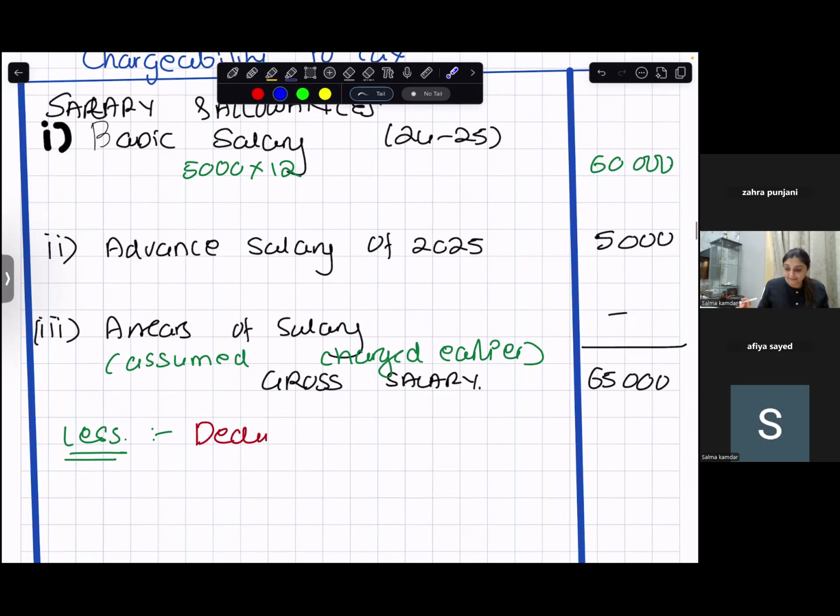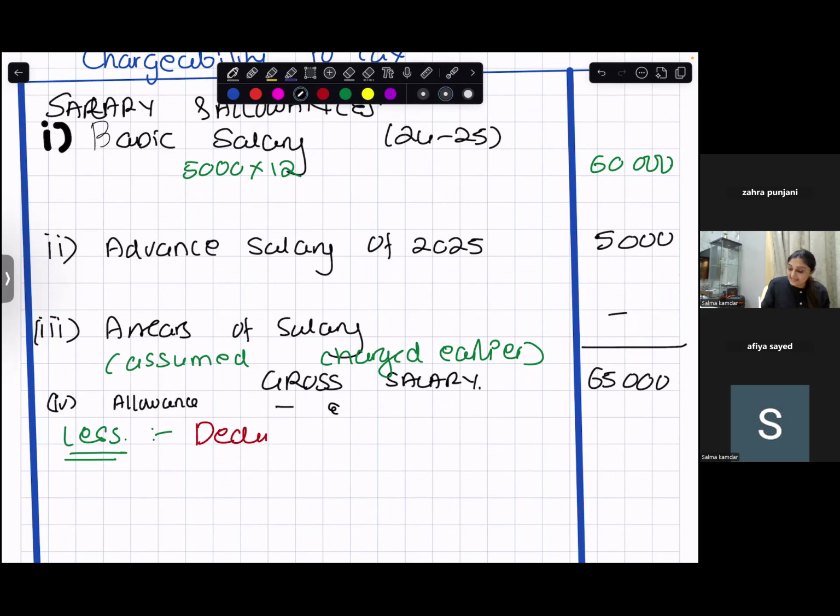I hope you're with me. After that, if you have any allowances, you write them, and then allowances have exemptions under section 10.